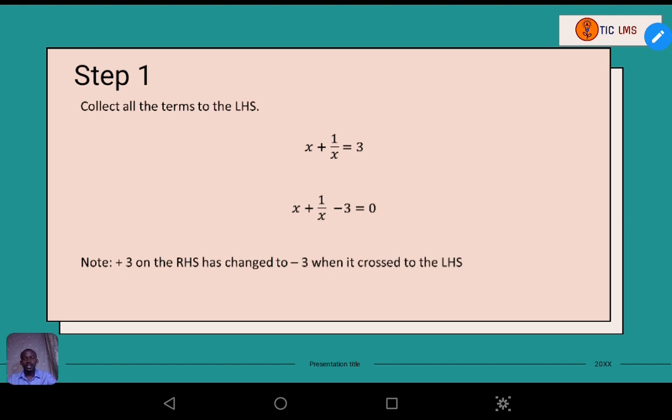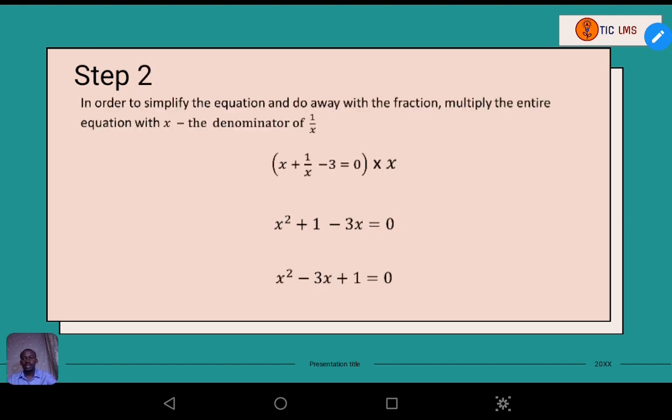Now the next thing is, in order to simplify the equation and do away with the fraction, multiply the entire equation by x, which is the denominator of 1 over x. So our aim now is to find out how we can make this look like a quadratic equation. Now we have 1 over x.